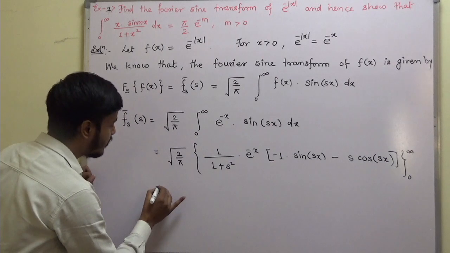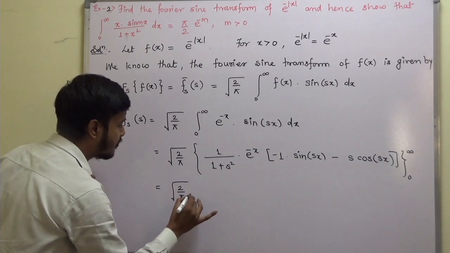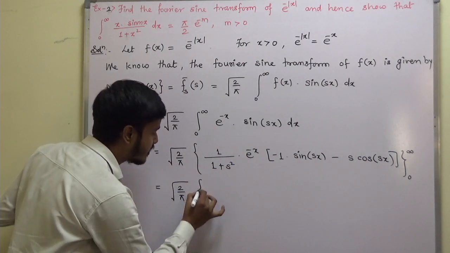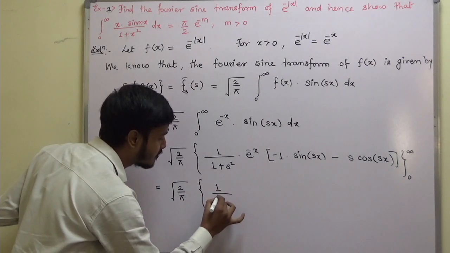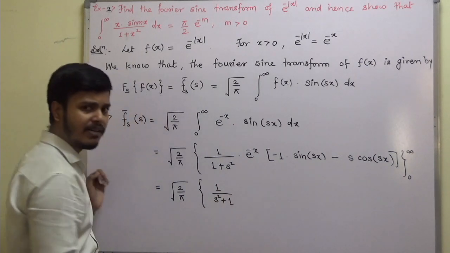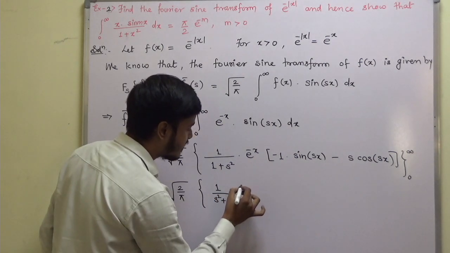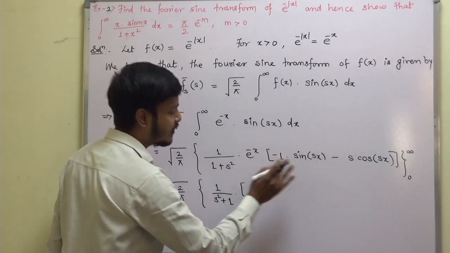Simple. Now this is under root 2 by pi. What is this? Apply the upper limit minus lower limit. So this is s square plus 1 you can write, right? Now e to the power minus infinity is 0. So 0 into anything is 0.